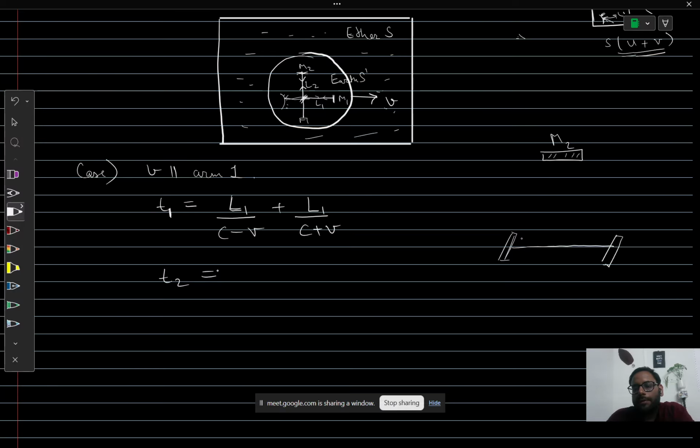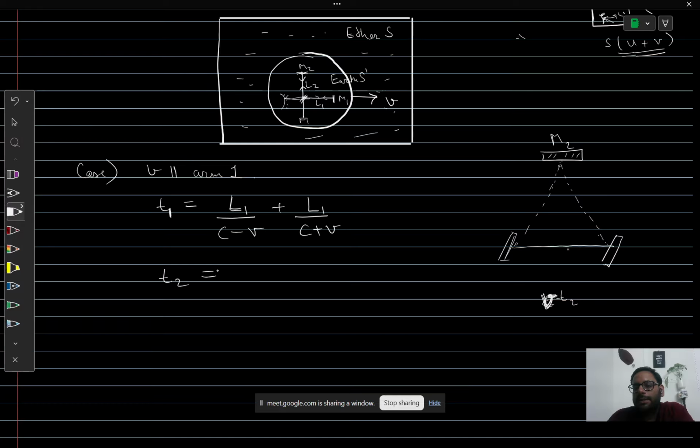If the light goes from this and comes back in time t2, then because the earth is moving with some velocity, this apparatus, this beam splitter, will move some distance in t2 time, and that will be v t2, right?